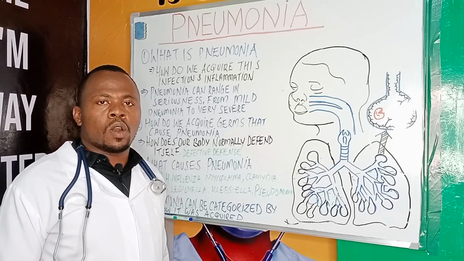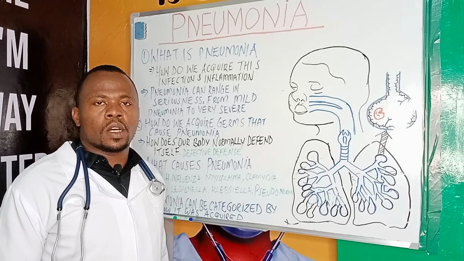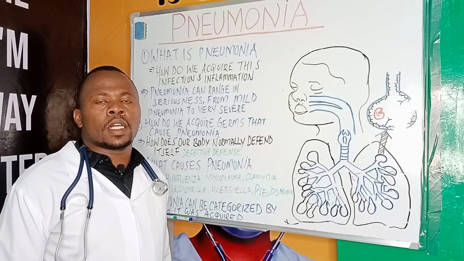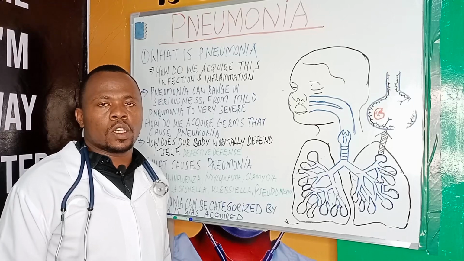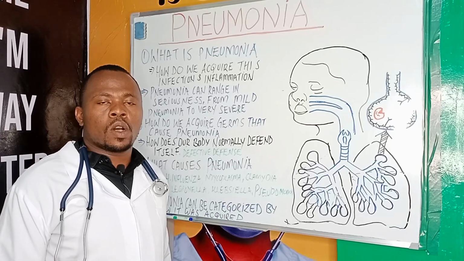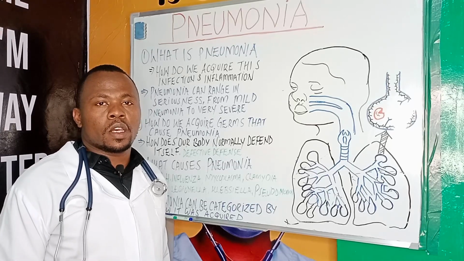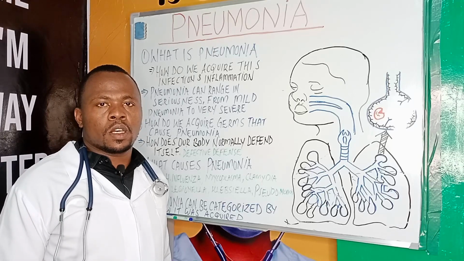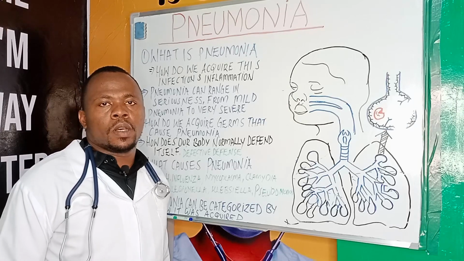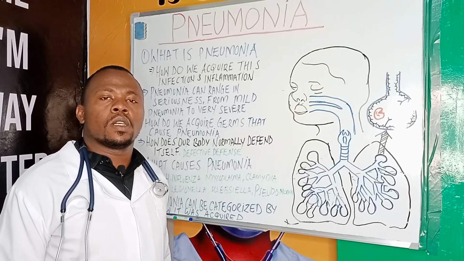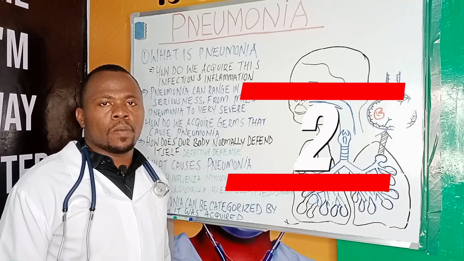How do the germs that cause pneumonia enter into our body? One, these germs may enter into our body through inhalation. When someone who has pneumonia coughs, the air that they cough out may contain bacteria. You may end up inhaling these bacteria. Number two, we have aspiration.